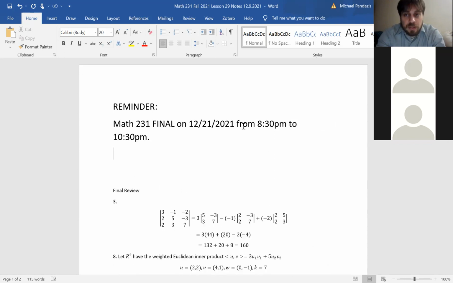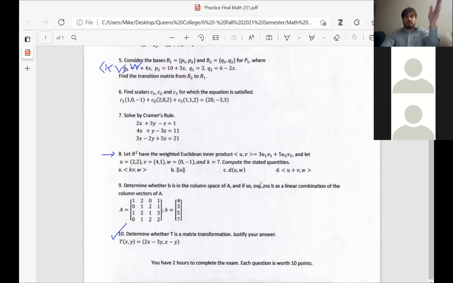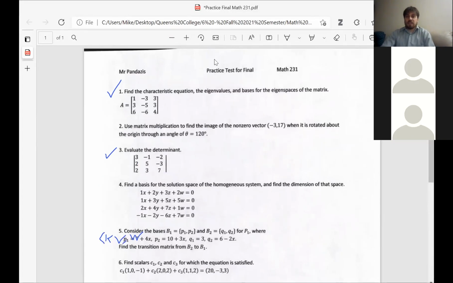Also, Professor, quick question. During our finals, is it going to be 5 problems or more than that? It's going to be more problems than the other exams. You can think of it as looking similar to the practice exam here. Imagine it's modeled a lot like that.